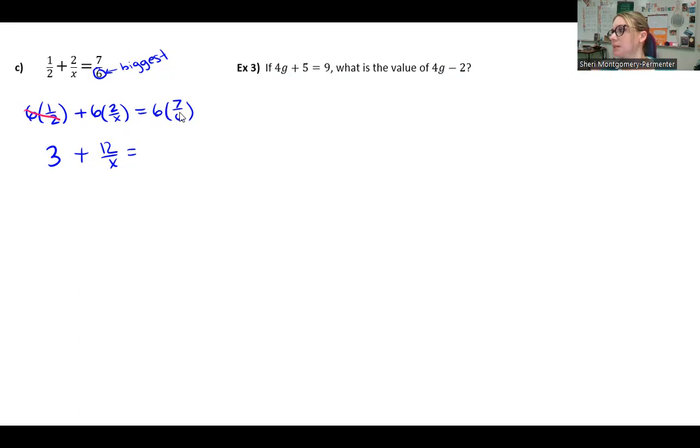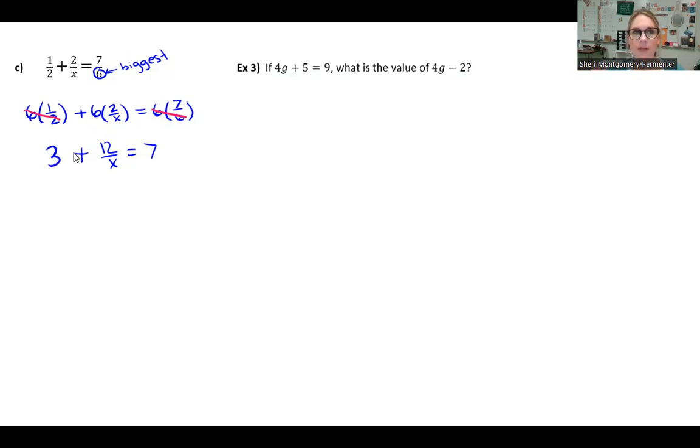So it's like the 6's didn't even matter. So anytime you are multiplying by 6 and then dividing by 6, they cancel each other out. So now we just got rid of 2 of our fractions. And so this is an easy 2-step problem.